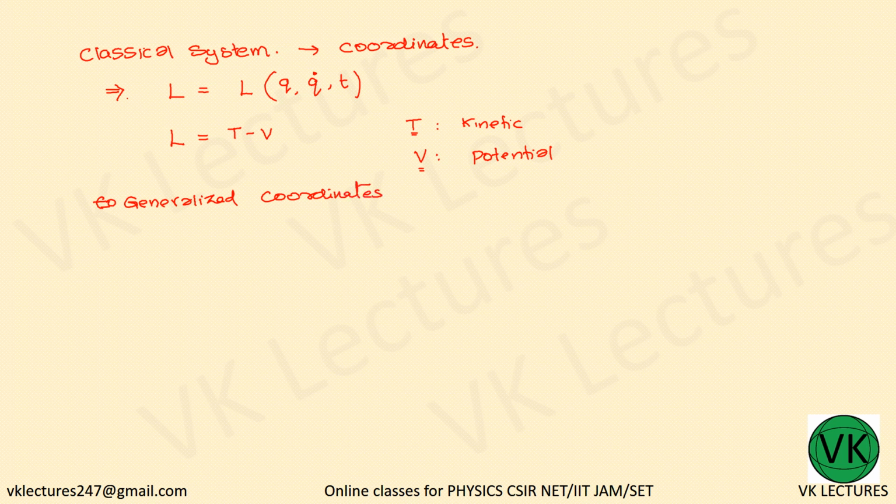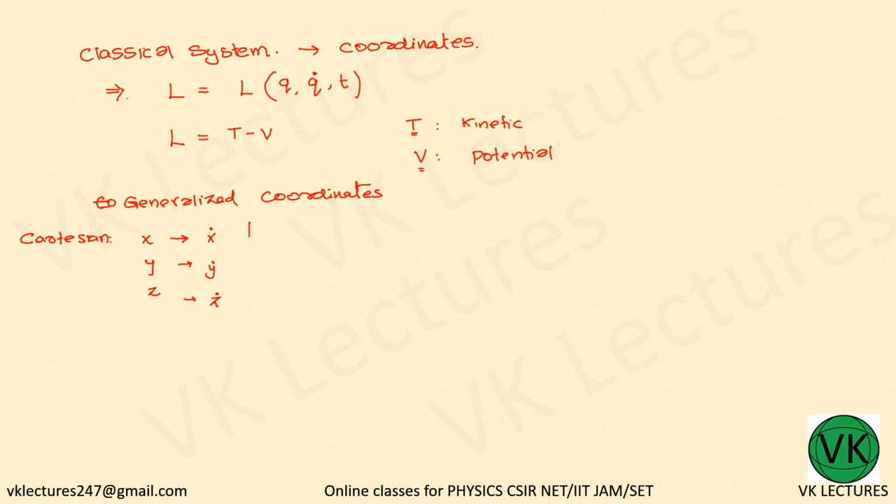If you are considering the Cartesian coordinate system, you will have x, y, and z. Corresponding to x, y, z, we have x dot, y dot, and z dot as the velocity.